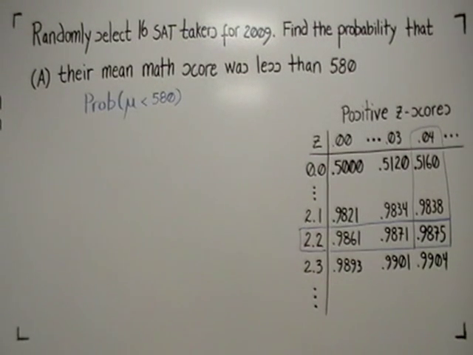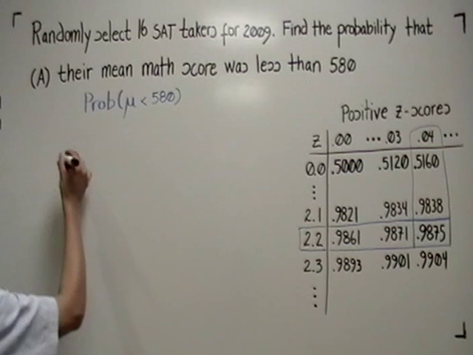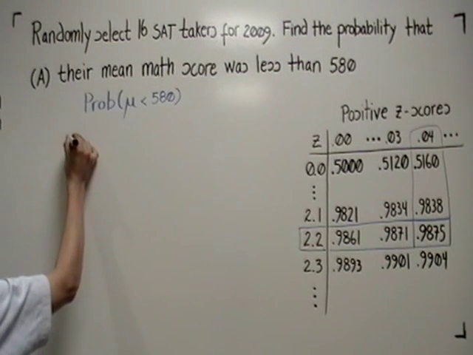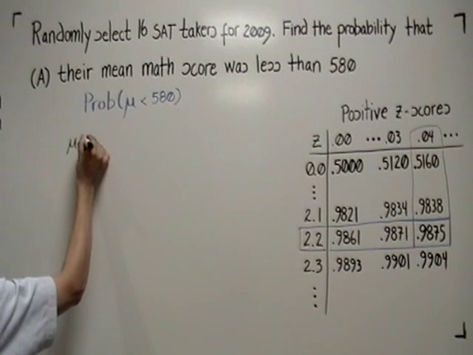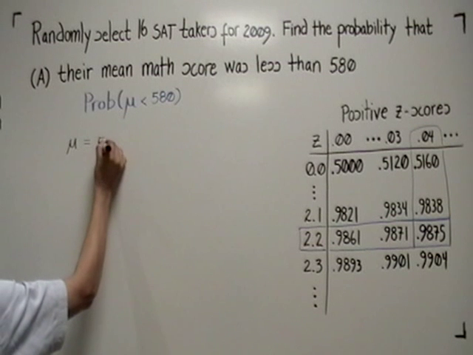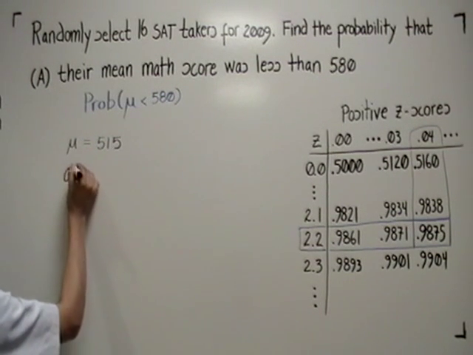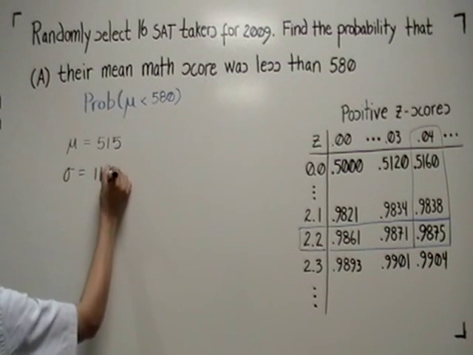We have three areas in the SAT: the reading, the math, and the writing area. We're right now looking at the math results. So from the table, the mean score for the math results was 515, and the standard deviation was 116.